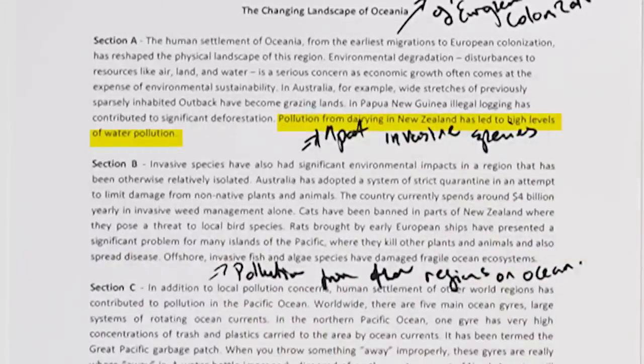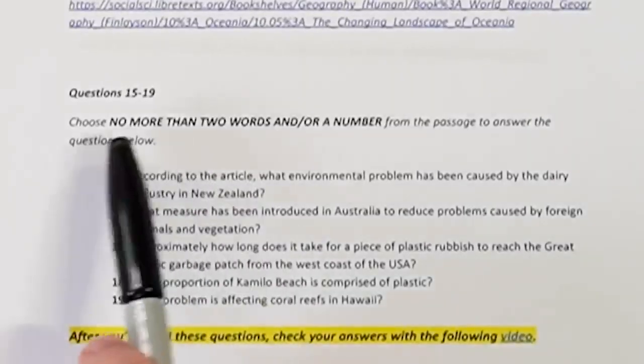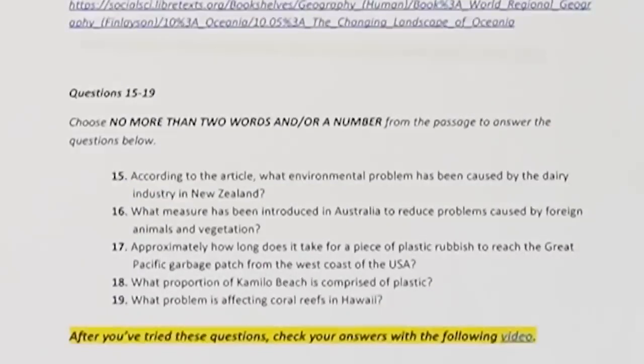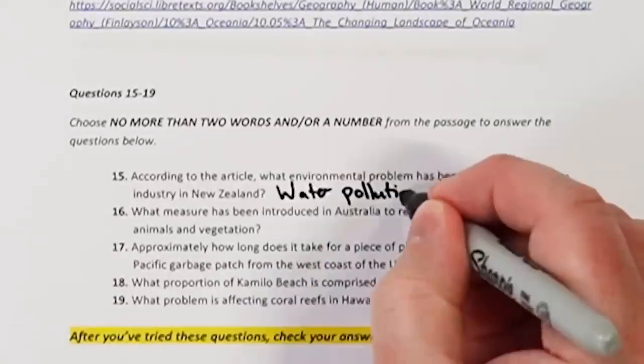High levels of water pollution. Okay, so the answer is high levels of water pollution, but no more than 2 words and or a number. What is the answer? It cannot be high levels of water pollution, because that is 5 words. So the answer is water pollution.